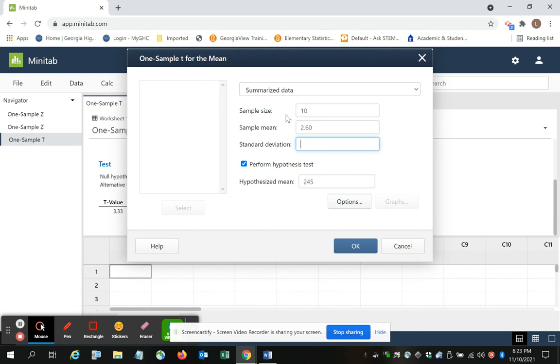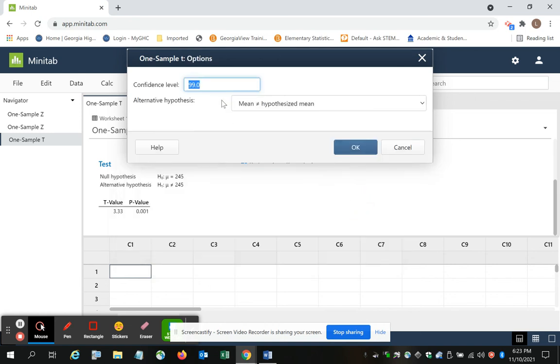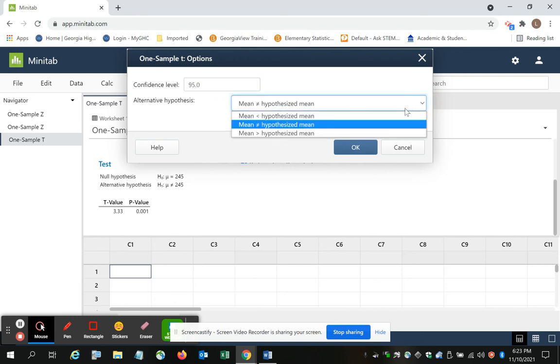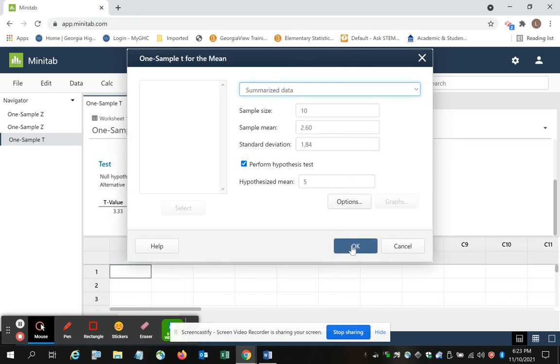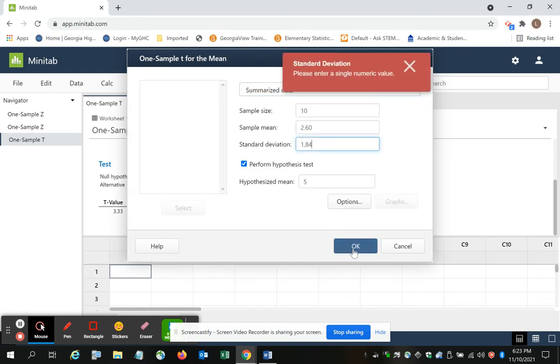My standard deviation was $1.84. My hypothesized mean was $5. We're doing 5% or 0.05, so my confidence level is 95. And my alternative hypothesis is that it is less than, or was below, $5. So I'll click OK.